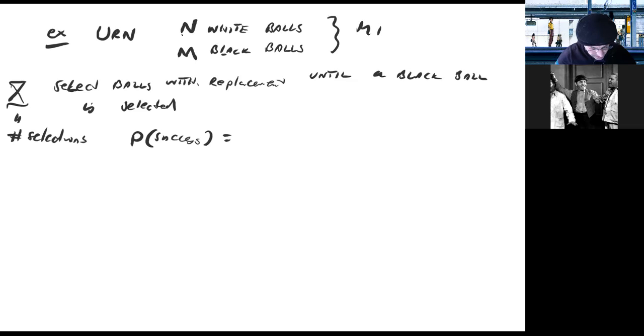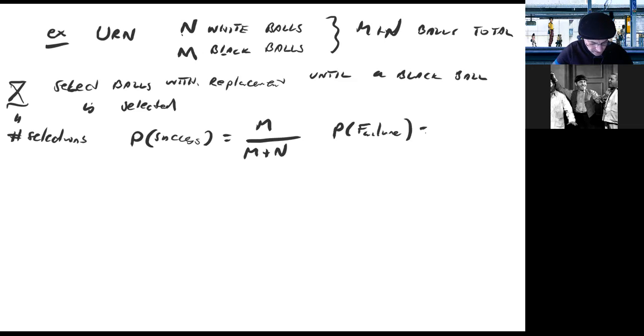There are M plus N balls in the urn. Now, if I randomly select a ball, what's the probability that it's black? Well, there are M black balls, so it's M over M plus N. And the probability of failure is, you could either take 1 minus that number, or compute it directly. It's N over M plus N.